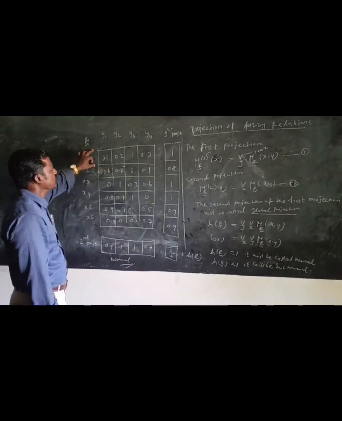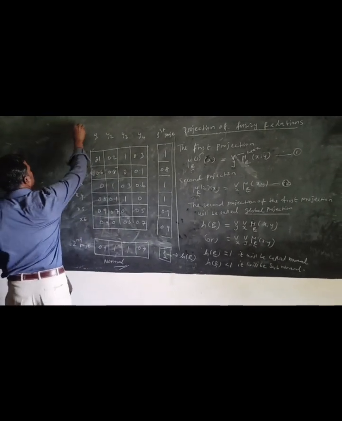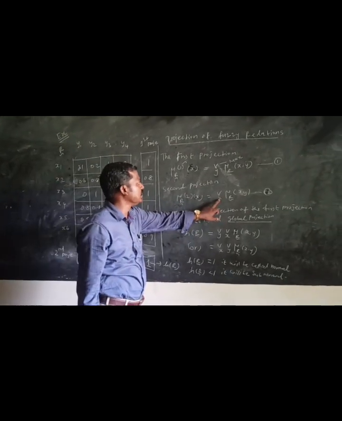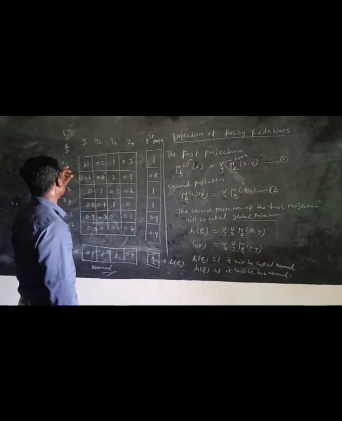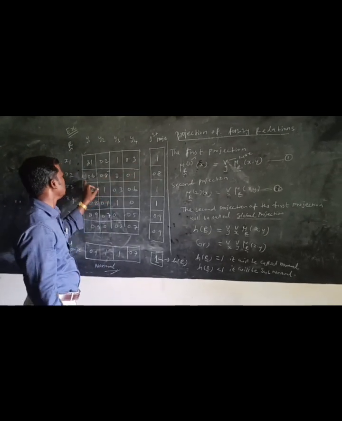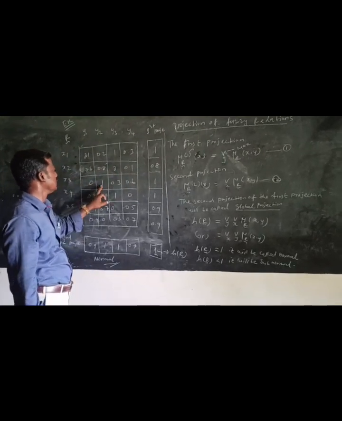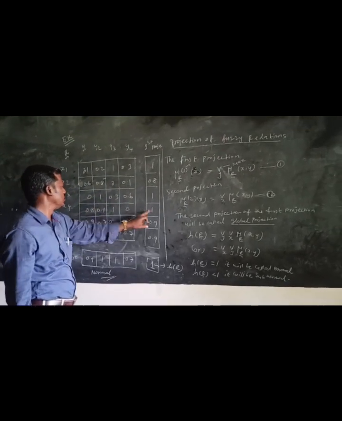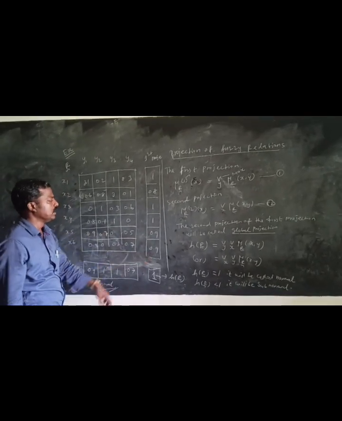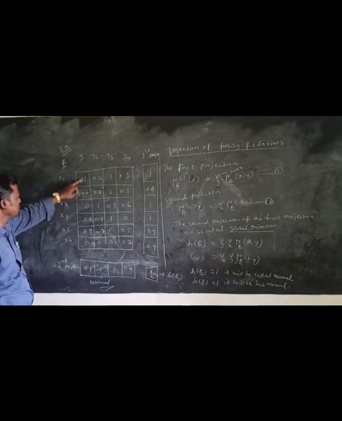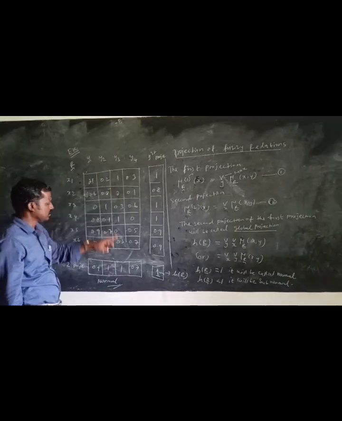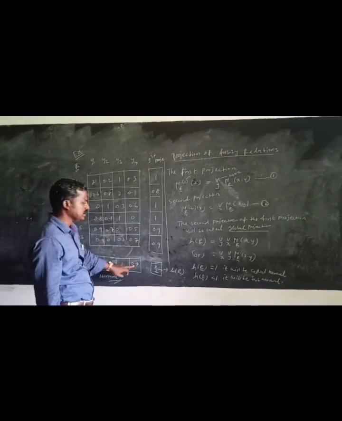This is the example. For the first projection, row-wise, the maximum values are 1, 0.8, 1, 1, 0.9, 0.9. Next is the second projection, column-wise: the maximum values are 0.9, 1, 1, 0.7.